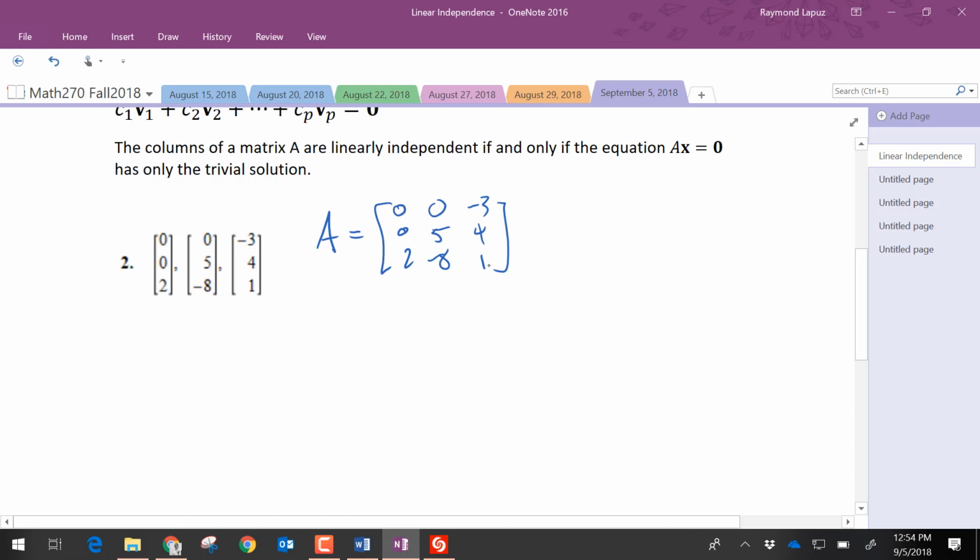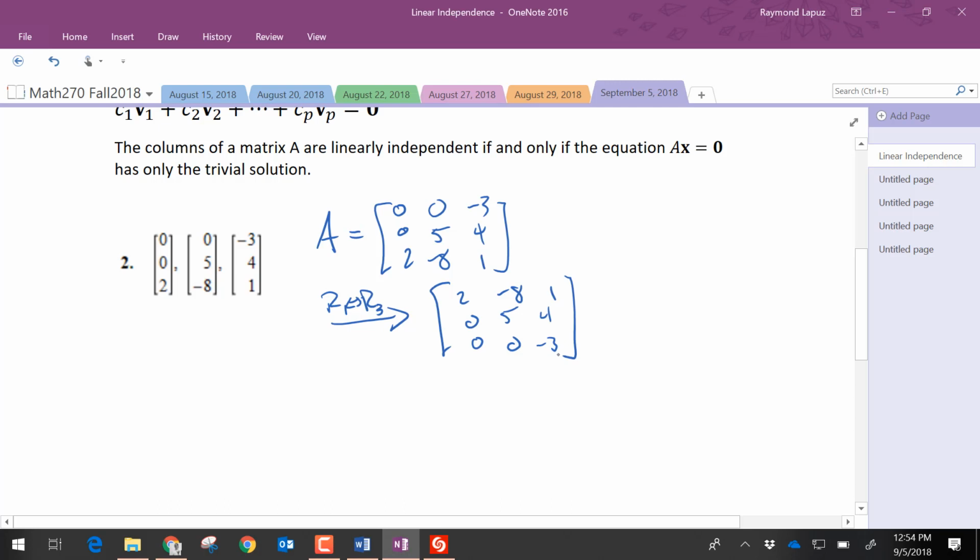And well, this looks like if I just switch the first and third rows, I can have it in row echelon form already. Not necessarily reduced row echelon form, but at least row echelon form, just so we can get an idea of the pivot column. So if we switch that, we're going to get 2, minus 8, 1, 0, 5, 4, and 0, 0, minus 3.